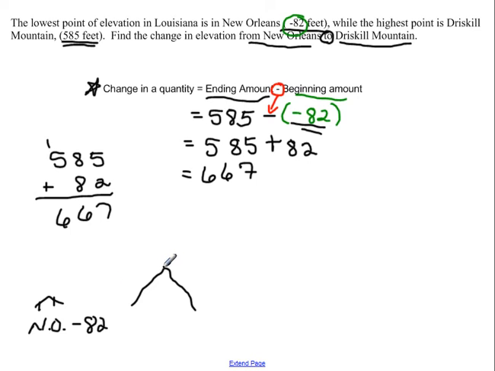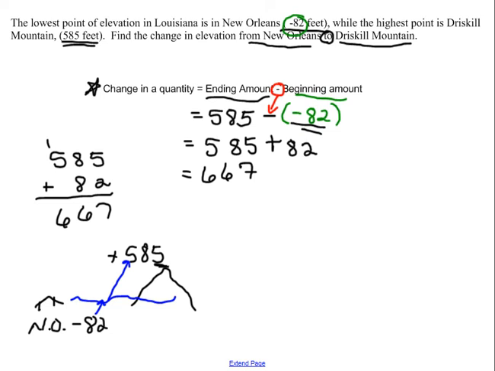So this is up here at 585 feet. And sea level is somewhere in between. So here's sea level. We could see, we'd have to go up 82 feet to get up to sea level, and then another 585 feet to get up to the top of the mountain. So it certainly makes sense that 667 would be our answer.